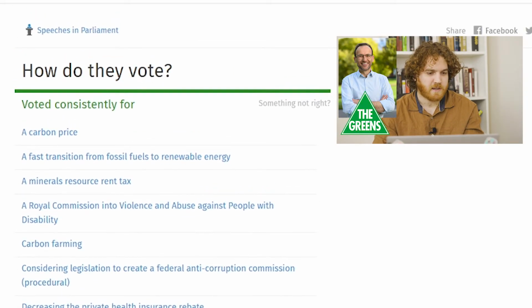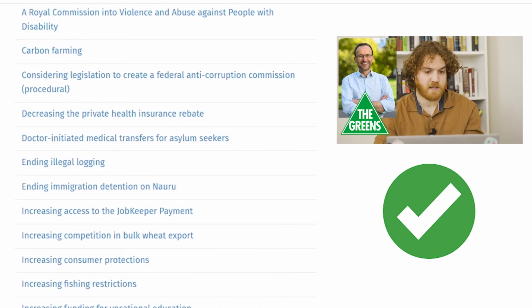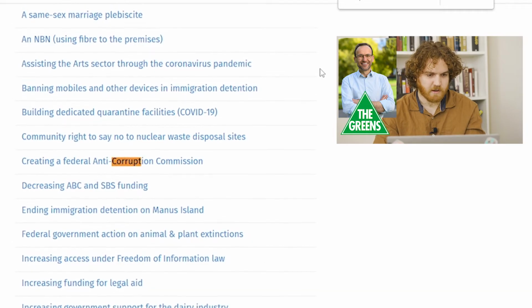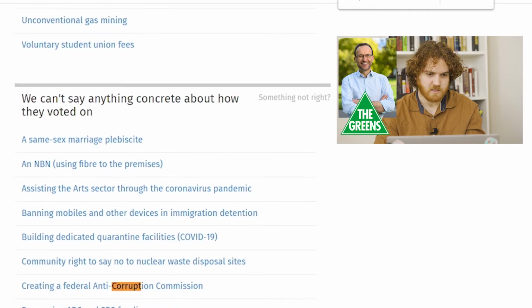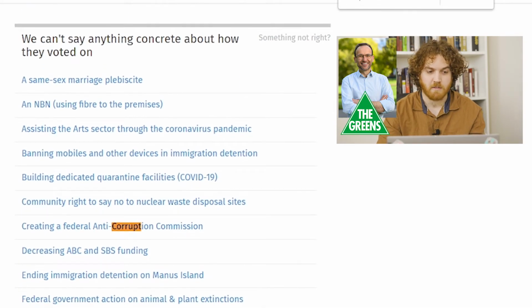So we see Adam Bandt has consistently voted for considering legislation to create a federal anti-corruption commission, procedural. If we look a bit more, if we type in creating a federal anti-corruption commission, it shows us that it is actually in one of the categories that we can't say anything concrete about how they've voted on.